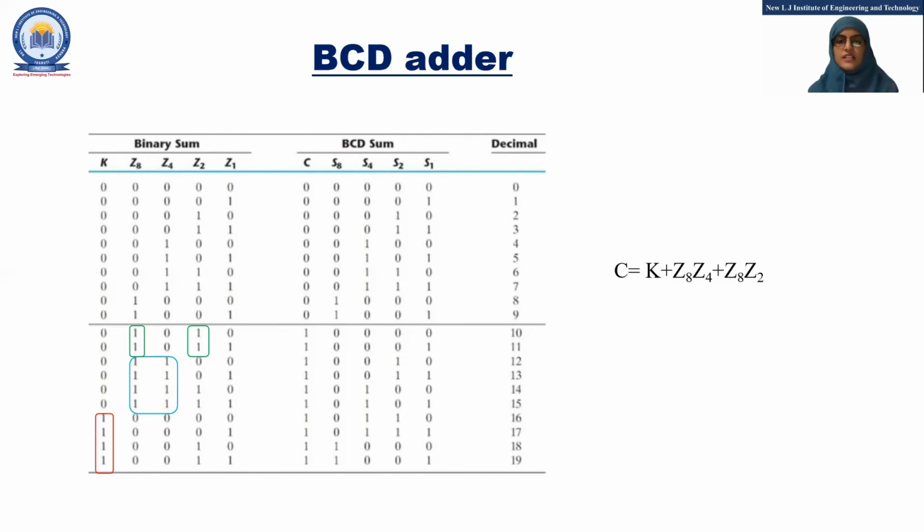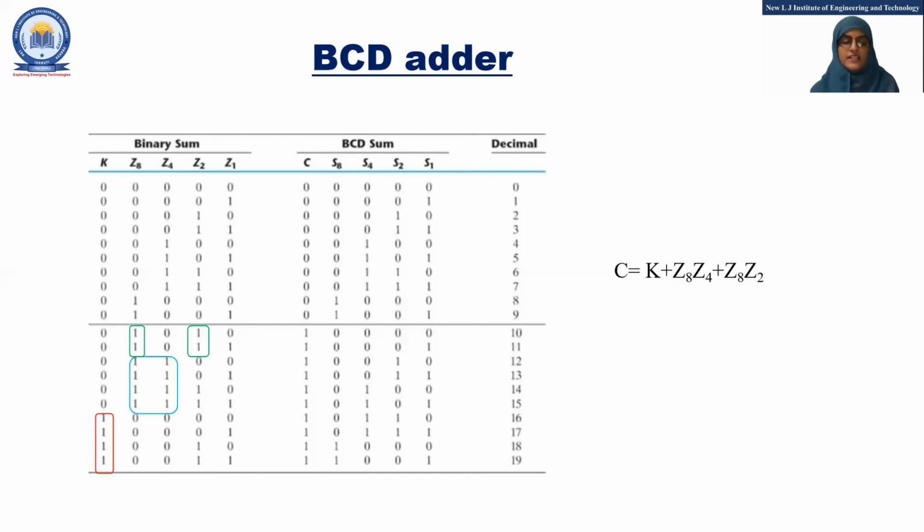To produce this carry, we have to look at the binary sum. Here we have to write the equation for C equals 1. For the 10 to 19 combinations, carry C is equal to 1. So K equals 1, which is shown in red, will be part of the equation for C. So we can write it directly as K, which is the binary sum carry.